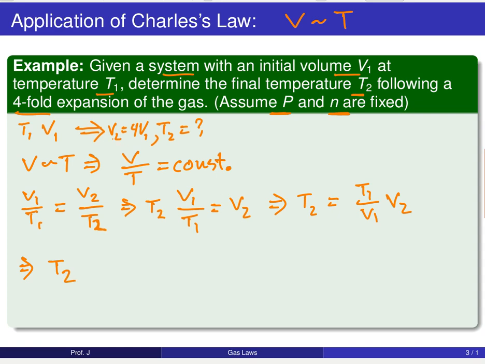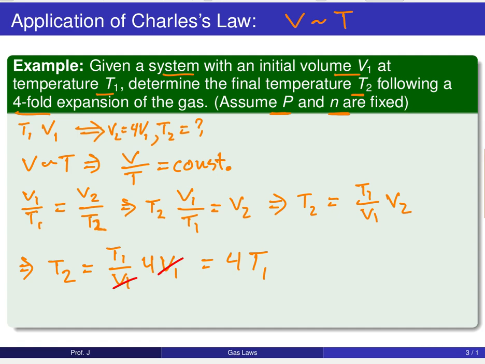We know that V2 is actually going to be equal to 4 times V1. So V1s are going to cancel out, and we will find that the final temperature is going to be 4 times the initial temperature.